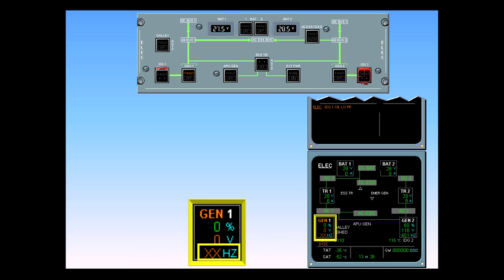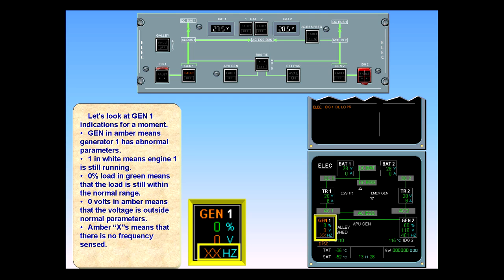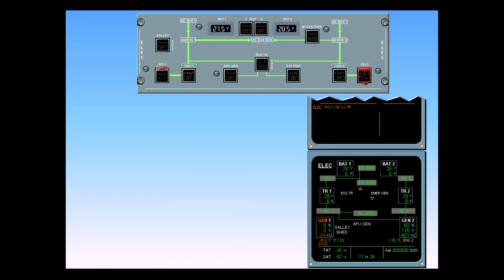Amber X's means that there is no frequency sensed. The amber fault on the generator 1 push-button switch means generator 1 is not supplying the system.